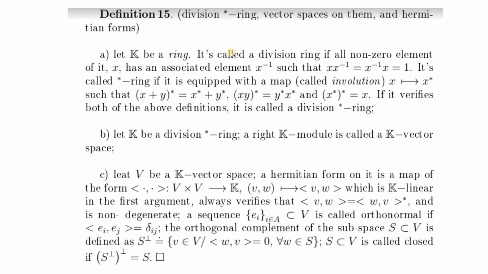So you can think of this notion, a K-vector space, as a generalized Hilbert space, where this K is an involutive ring. And the involution you can see as a generalization of taking the complex conjugate. Of course, in the case of the complex field, it is indeed complex conjugation.